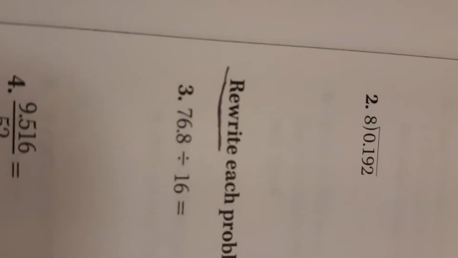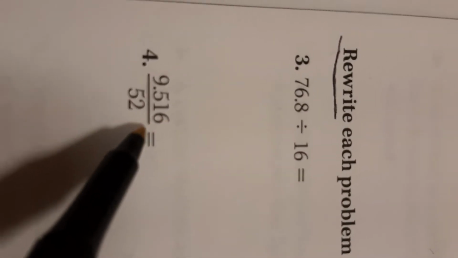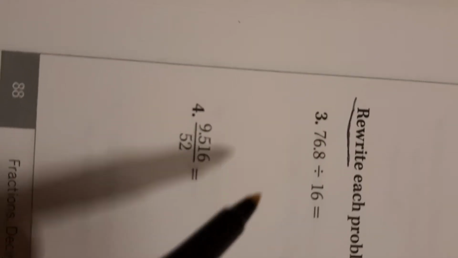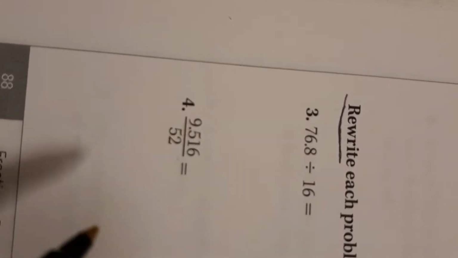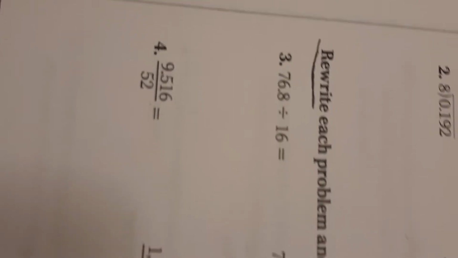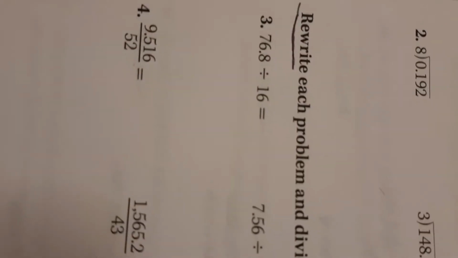We were turning something that looks like this into a division problem. And so we already know how to do it. Sorry, I'm trying to get the screen back to normal here. So we've already worked with these and turned them into division problems, but now we're doing it with decimals, and it's not much different, okay?